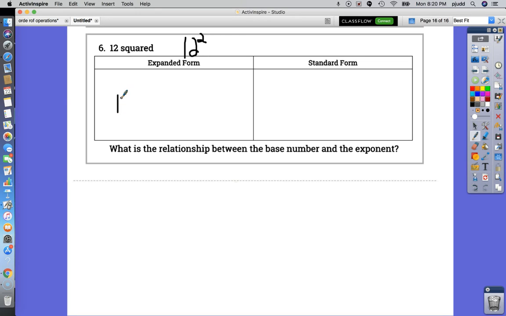So I'm going to multiply 12 times 12. 12 times 12 is 144.